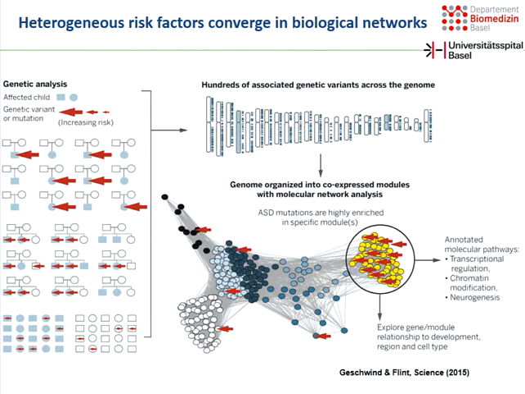Now, something that we can use to interpret the genome-wide findings that we have: you get a huge number of findings. If you do sequencing, you have many, many rare variants that might be associated with the disease. You have many common risk variants that might be involved in the disease. And how do you recognize what is going on at the biological level? There you can look at biological networks or also biological pathways that are predefined.